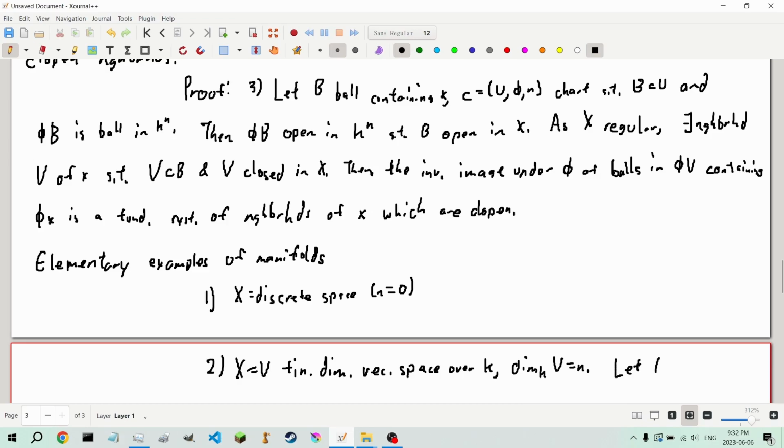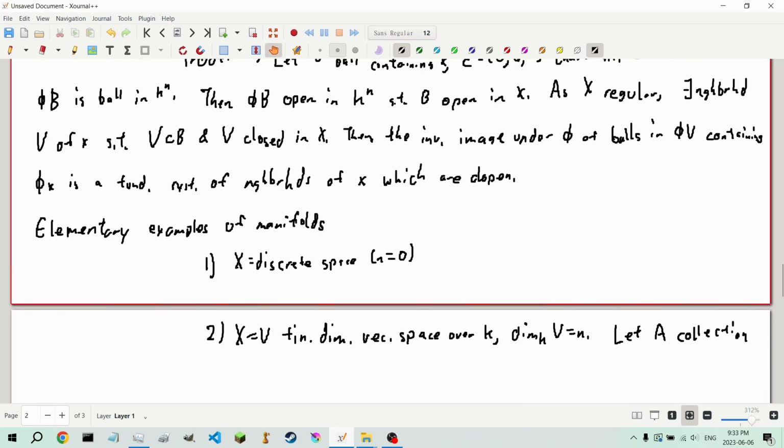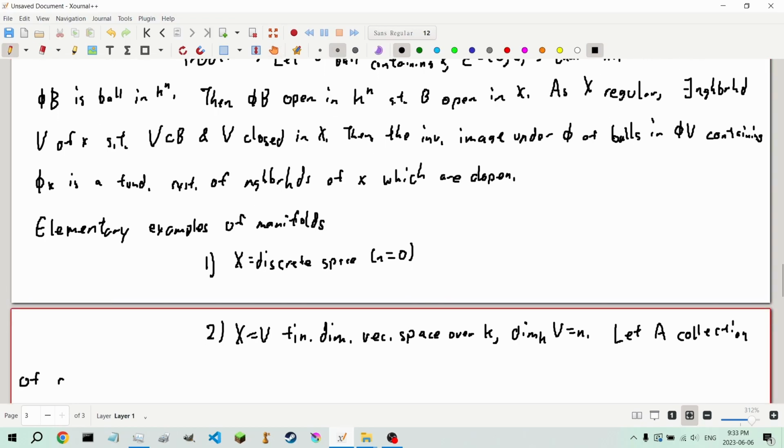Let A be the collection of charts, C as an open set, a function and a dimension n on V, where phi from V to K^n is a linear isomorphism.